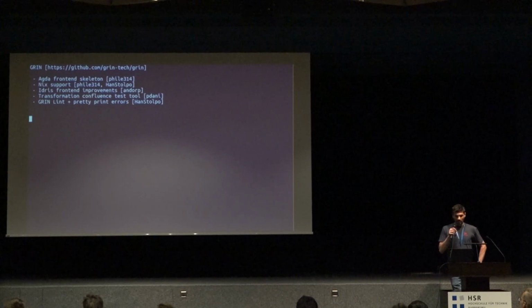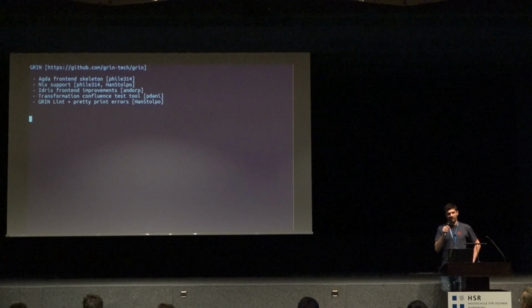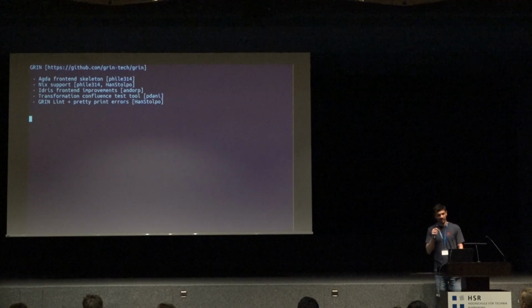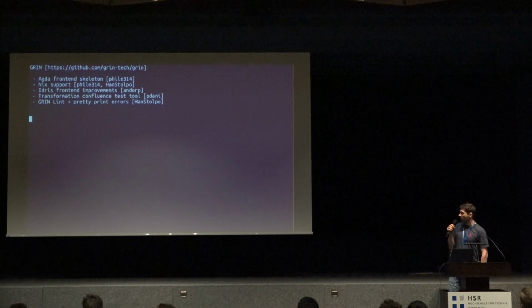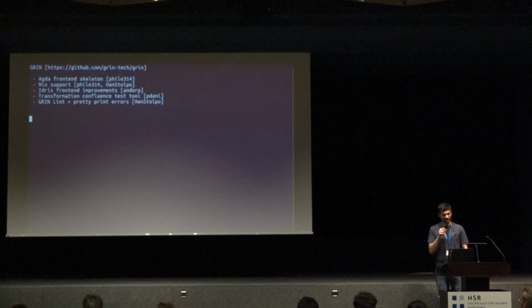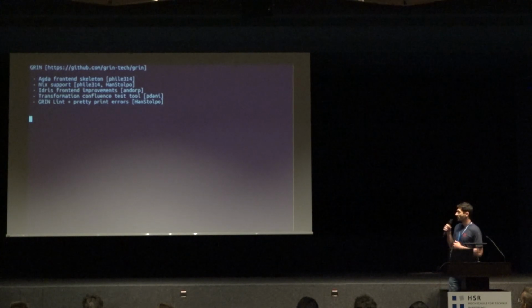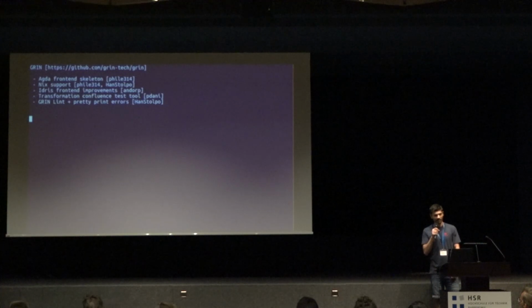Daniel also implemented a confluence test, which helps for testing the code generator pipeline, because the transformations need to be confluent. So we always have to get the same result, no matter what order we apply the transformations. And an improvement was made on pretty printing after we linted the Green code.